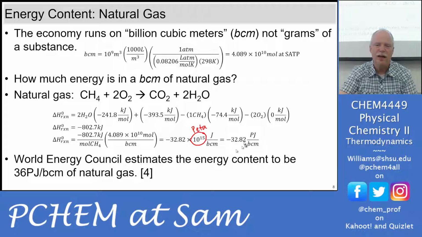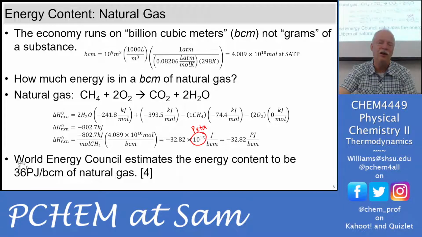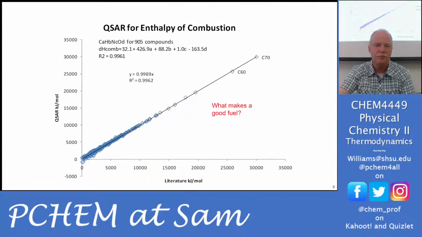And so we're just a hair low, but we're the same order of magnitude, just assuming that natural gas is methane. So that's pretty cool. Our freshman chemistry enthalpy calculation gives us this enormous conversion factor that's pretty much on target with what they use to estimate the energy content. Now theirs is a little higher because it has a bit of propane in it, a little bit of ethane, and other carbon, higher numbers of carbon atoms.